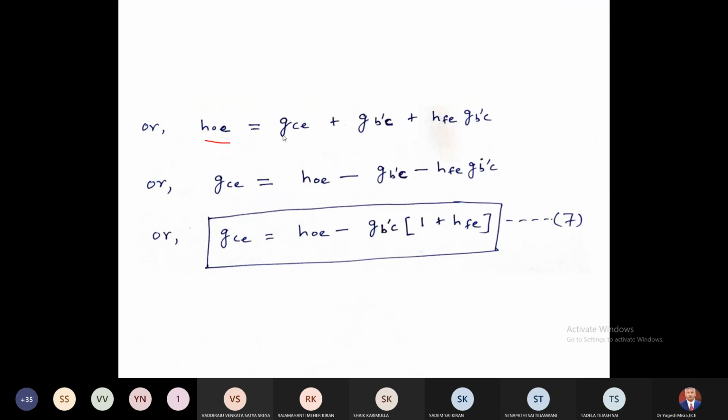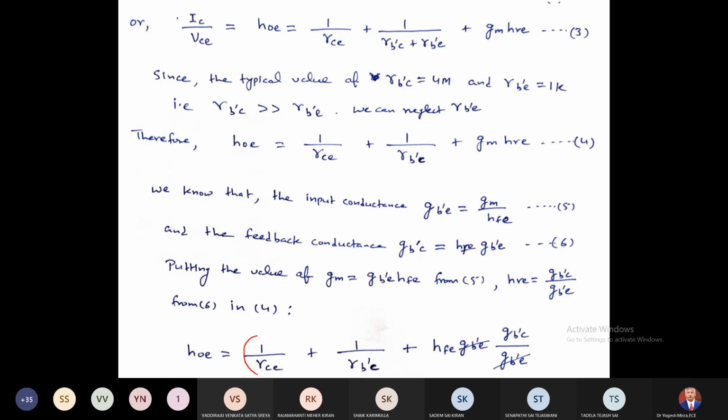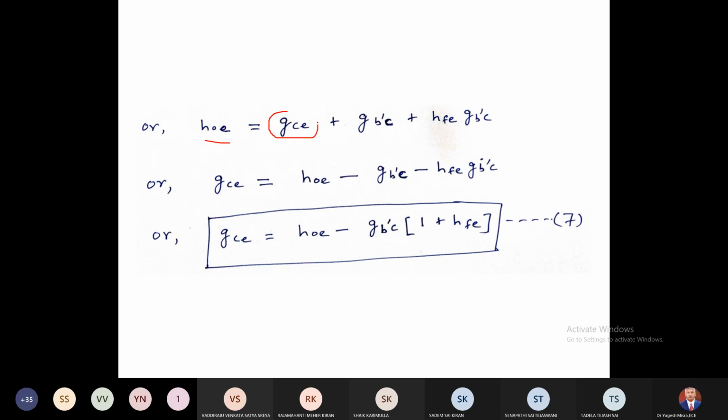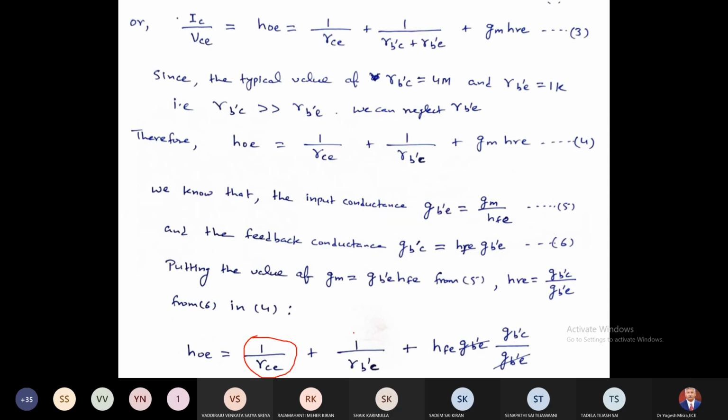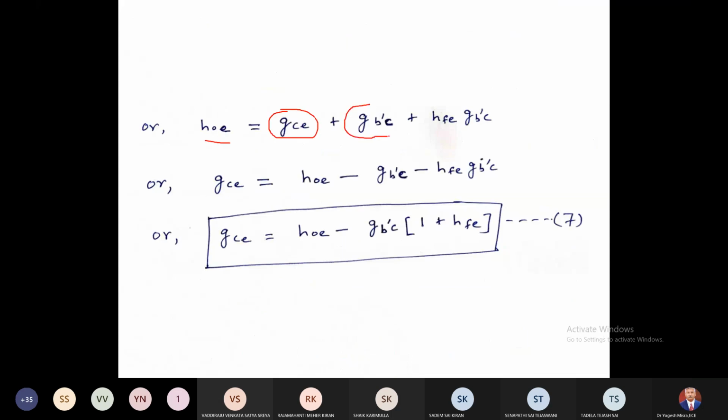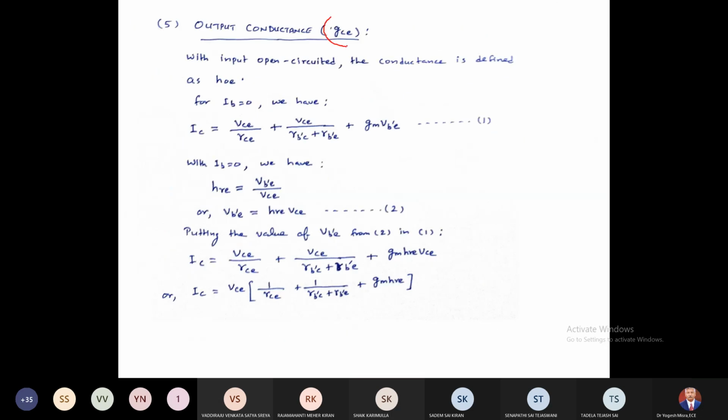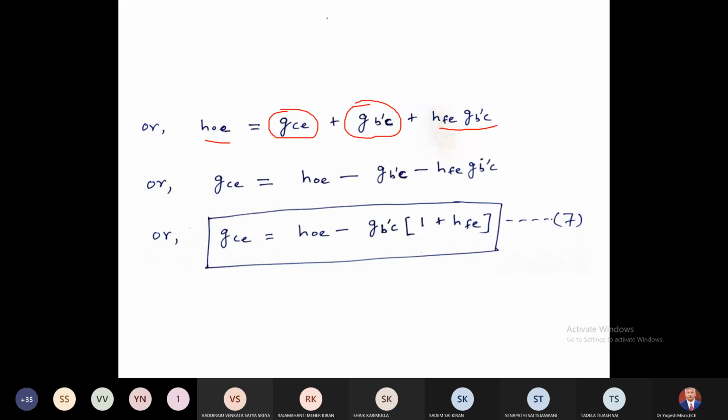And what we will get? HOE is equal to, see, 1 by RCE is GCE. 1 by RB'C is GB'C, feedback conductance. GB'C, HFE GB'C. And what we have to calculate? We have to calculate the output conductance GCE.